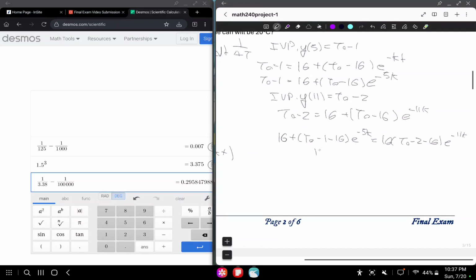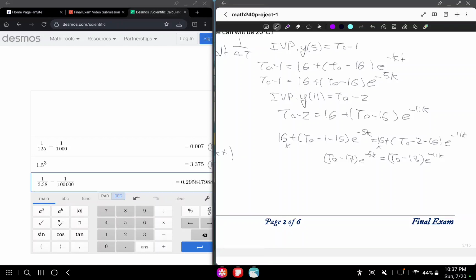So we eliminate the 16s. T0 minus 17 e to the 5k is equal to T0 minus 18 e to the 11k.